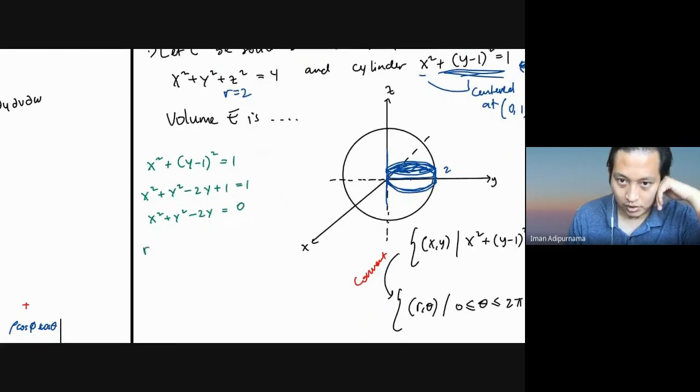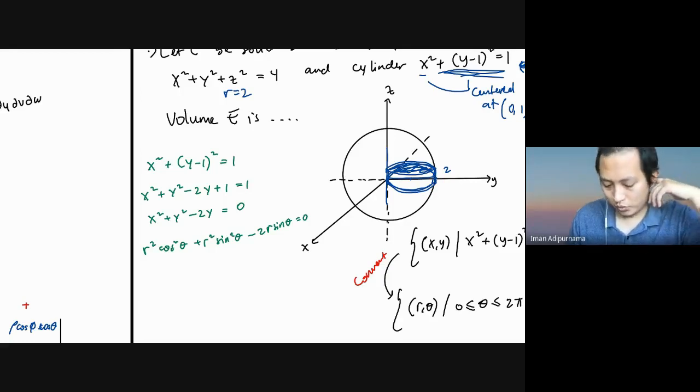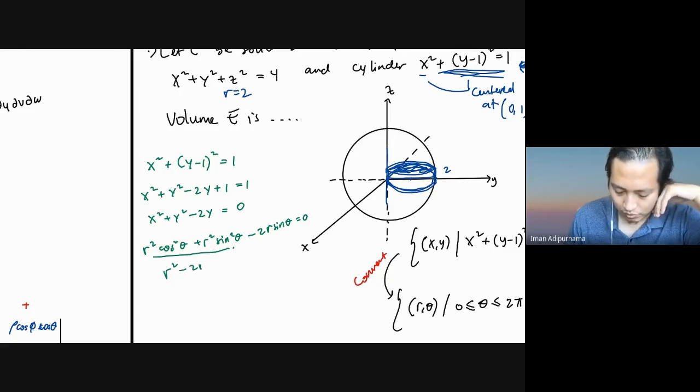So this will be r squared cos squared theta plus r squared sine squared theta minus 2r sine theta. And then let's find the relation between all of this. So this will become r squared minus 2r sine theta.